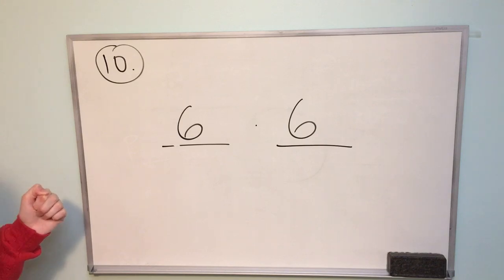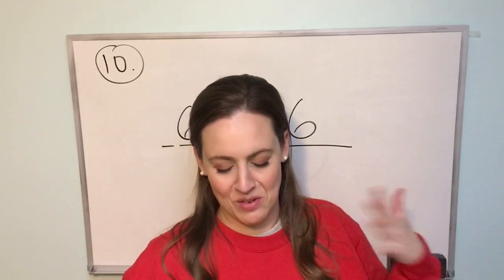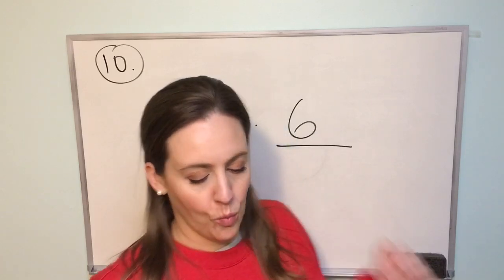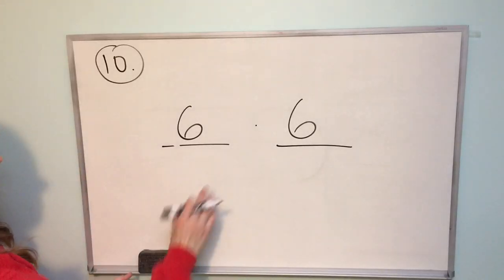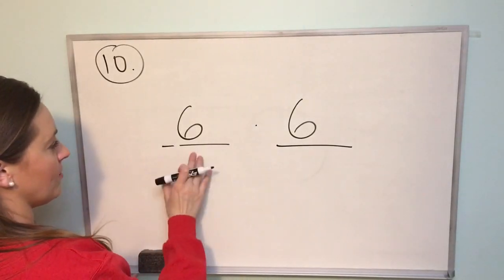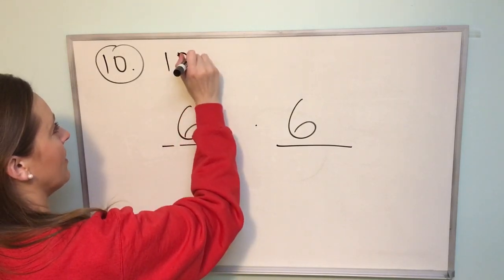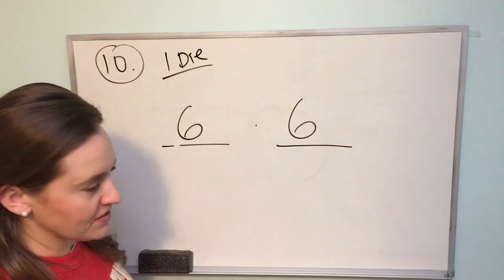Let me think for a minute. Sorry, this one, I know this one, but it's like a weird way to word it. How many ways, how many options do I have here, right? If I roll 1 die, let me label 1 die, I have 6 options, right? 1, 2, 3, 4, 5, 6.